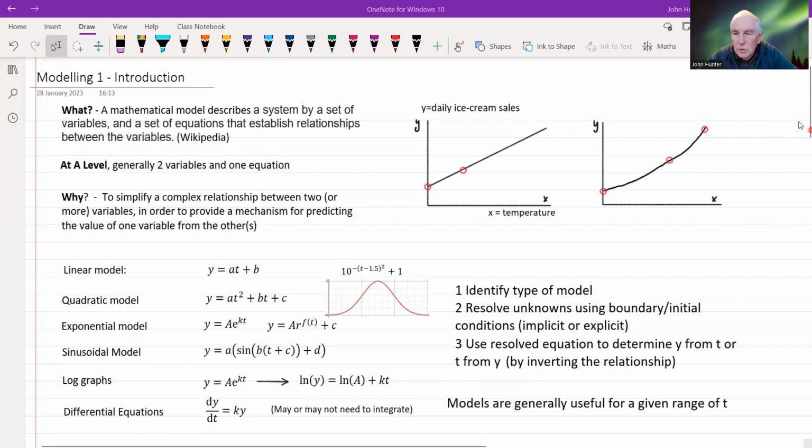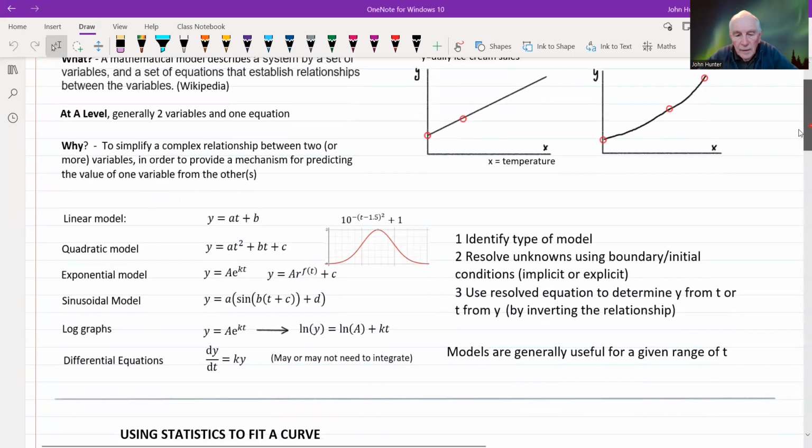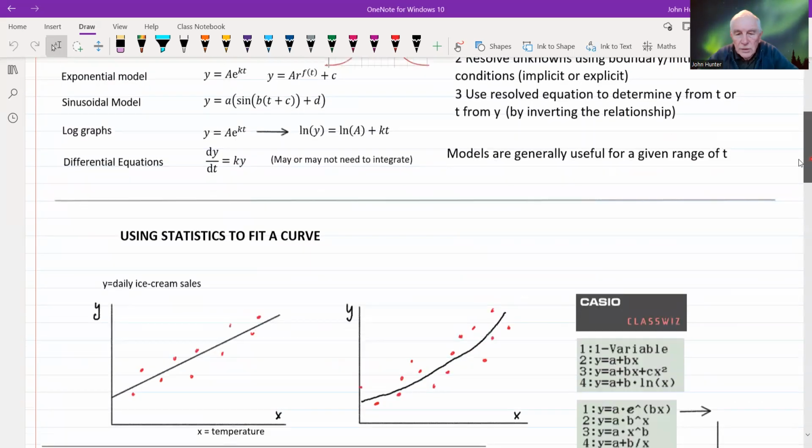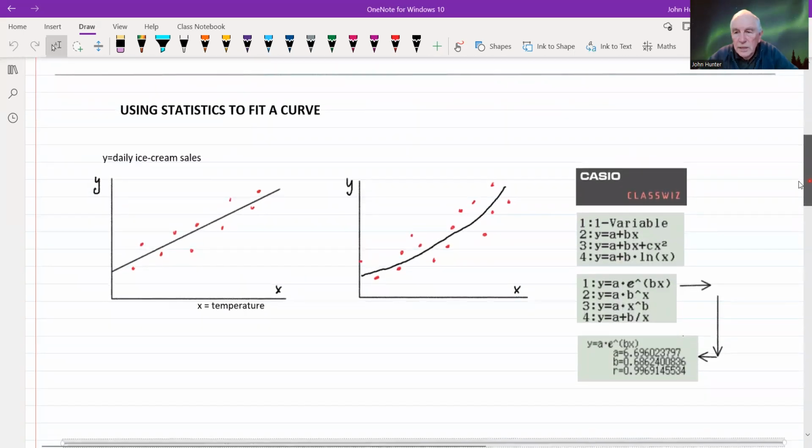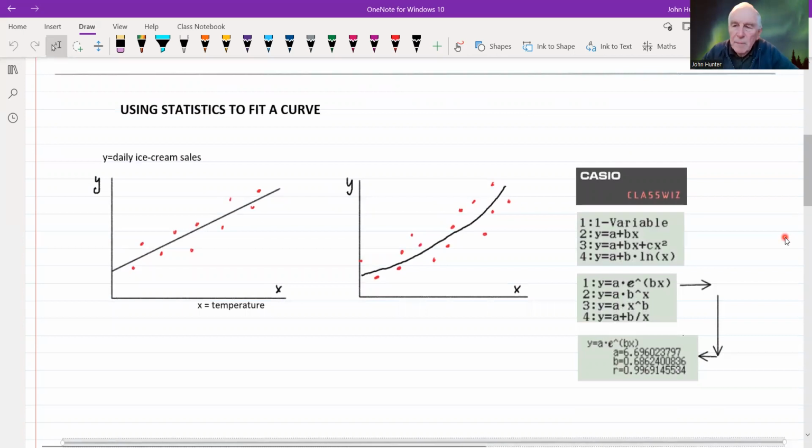I think I probably just want to say one other thing, and that is to relate this back to what we do in statistics, because we've got a similar kind of parallel situation in statistics.